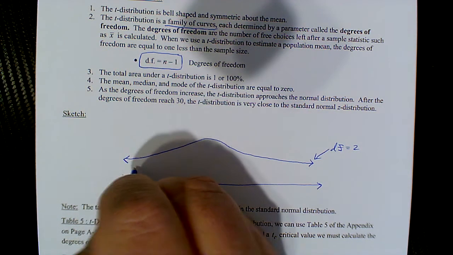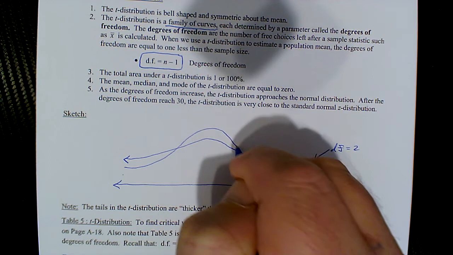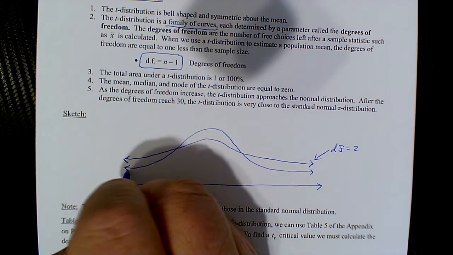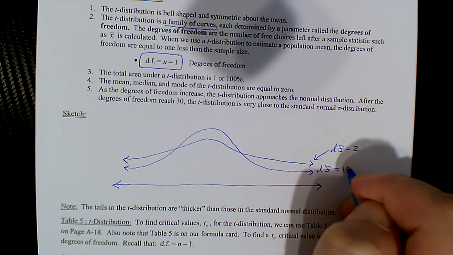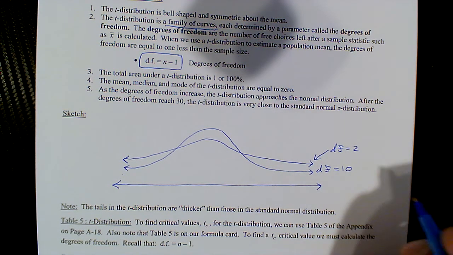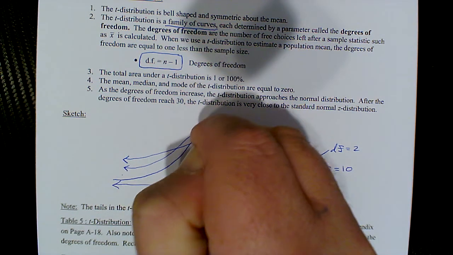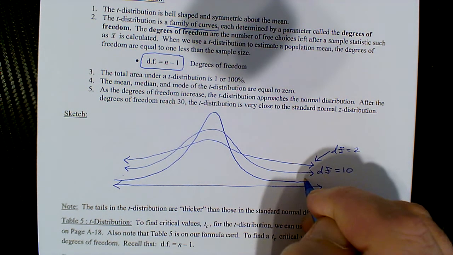But if the degrees of freedom increase to, let's say, 10, it starts to look a little bit more normal. But the tails are still kind of above the x-axis a little bit more than in the normal distribution. But as it increases to, let's say, 30, which seems to be the magic number here, then it's going to look pretty normal.